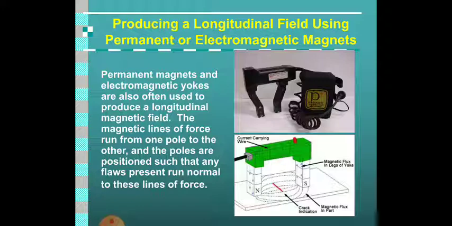So the permanent magnet and the electromagnetic yoke are also used to produce a longitudinal magnetic field for small components, and the magnetic lines of force run from one pole to the other. The prod method is a technique that localizes the area, which can be magnetized by passing the current through the component by means of hand-held contacts or prods, as you can see here in the figure.